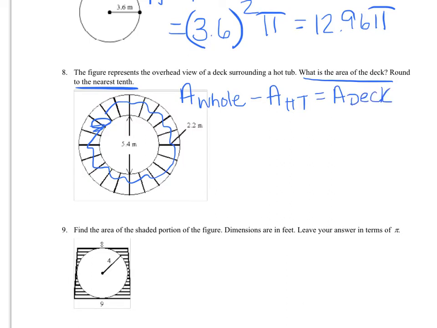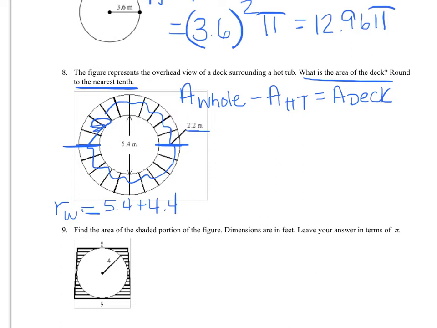Okay, so area of the whole thing, we need the radius of the whole thing. So the radius of the whole thing, W for whole, equals, well, the diameter is 5.4 plus 4.4, two of these, because you have 2.2 here and 2.2 here. So that's 4.4.